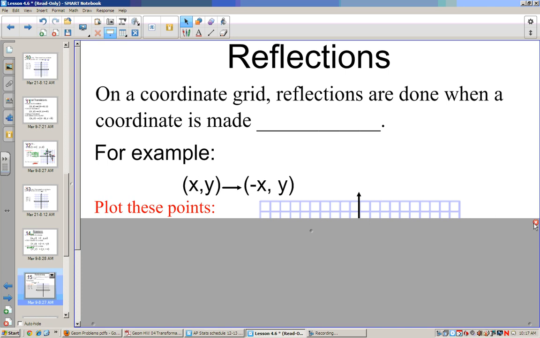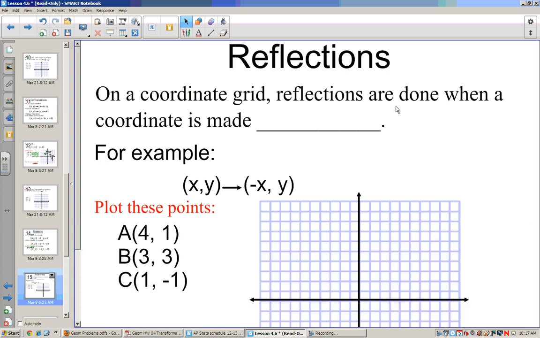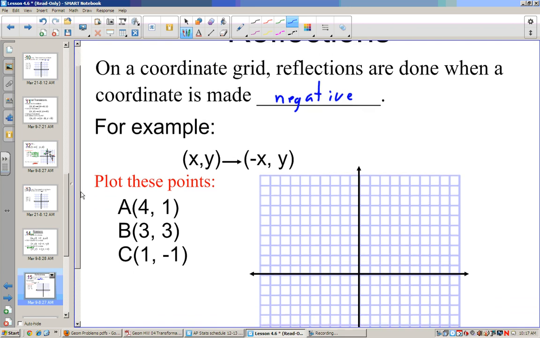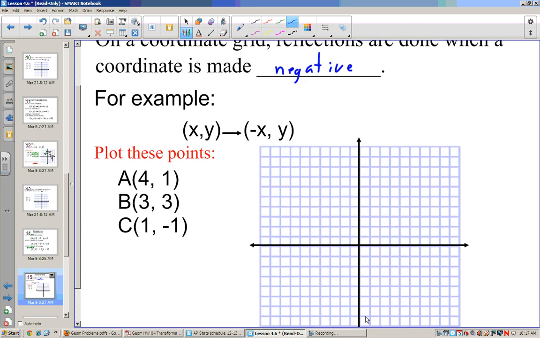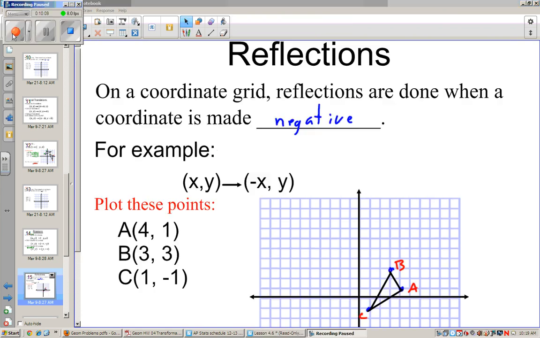Now if we want to do some reflections on the coordinate grid, reflections are done when a coordinate is made negative. For example, if we have, first let's plot the points 4, 1, 3, 3, 1, negative 1.